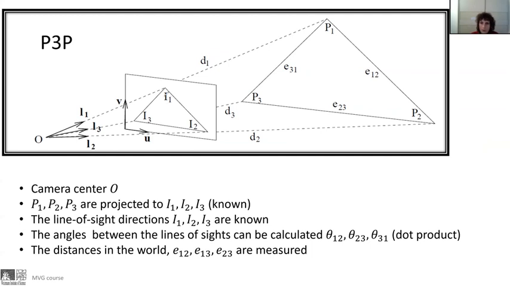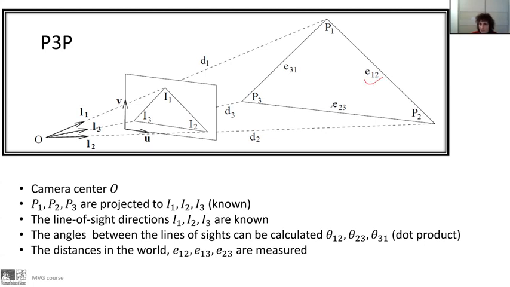Also, the relation between I1 and P1 allows me to say what is the line of sight from the camera center to the point in the 3D world, and from the camera center to the other point in the 3D world, and from the camera center to the third point in the 3D world. So far so good. What I know: P1, P2, P3.